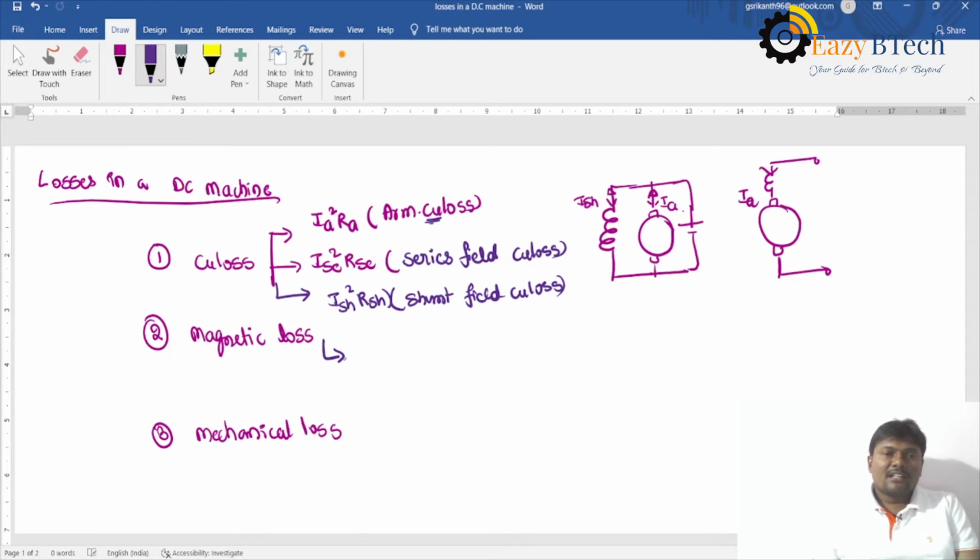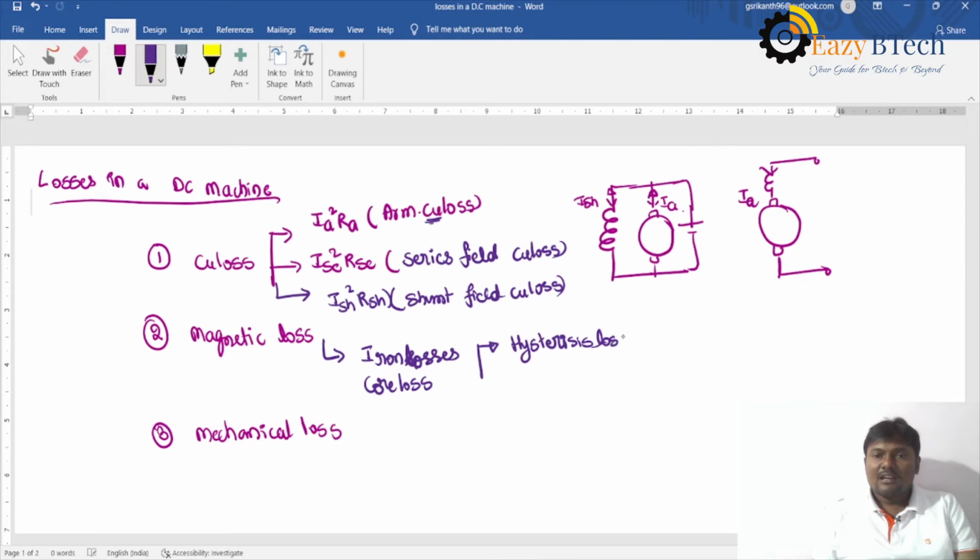If you go for the magnetic loss, meaning iron, this is also called iron loss or core loss. These are of two types. The first one is hysteresis loss, and the second is eddy current loss.